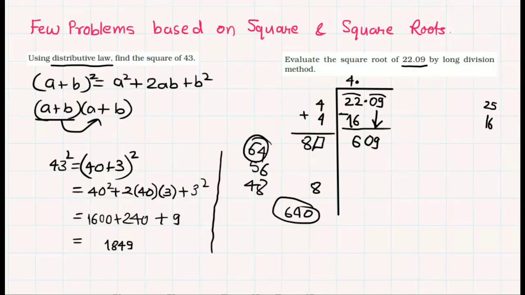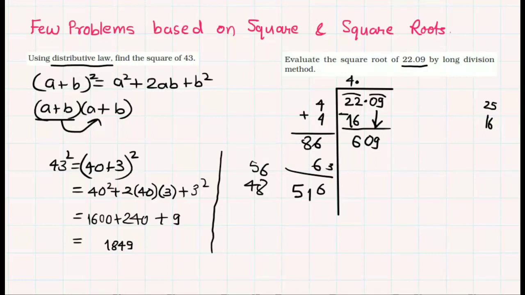So what digit will we put here? Either 7 or 6. Let's start with 6. 6 sixes are 36, 6 eights are 48 plus 3, 51. Yes, it's smaller than this number.